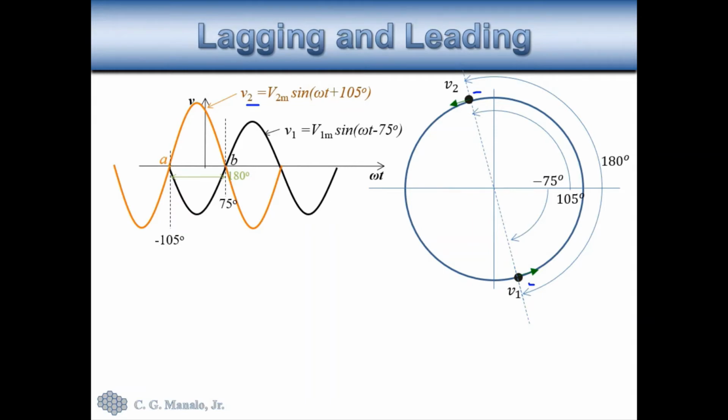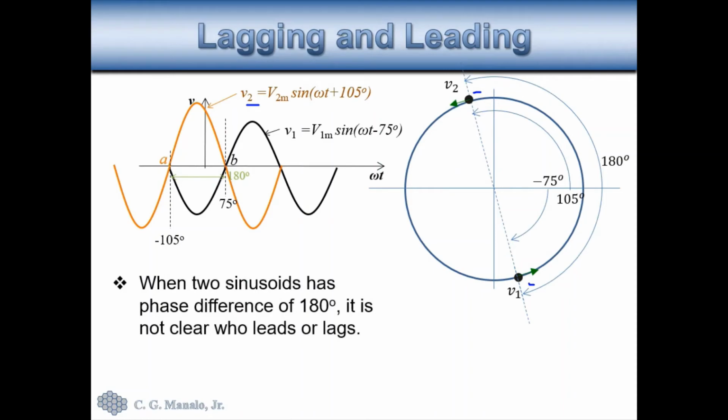Now in this scenario, it's not clear which is actually leading or lagging between them. So when this is the case, we can say that it is not clear which sinusoid is leading or lagging which sinusoid.